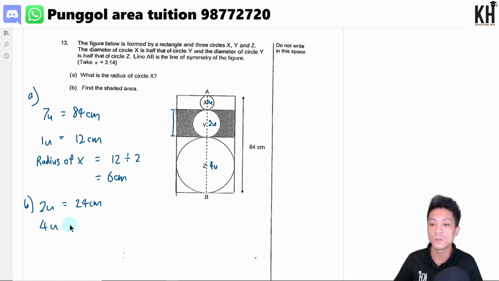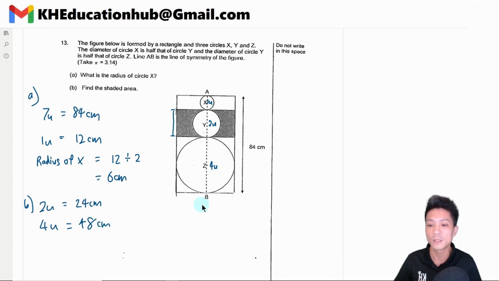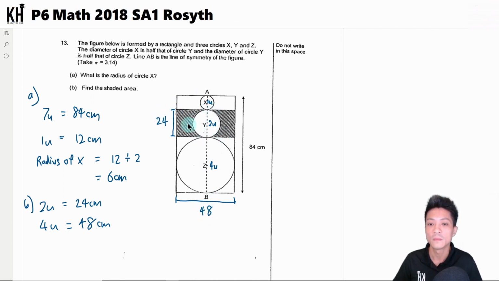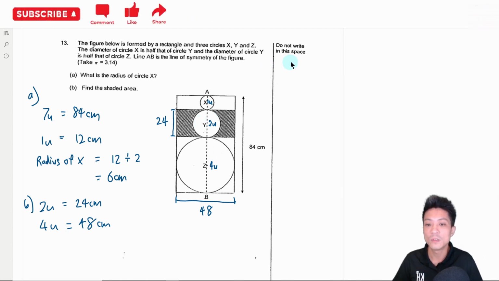I need what is 4 units also. 4 units is basically 48 centimeters. So here to here is 48. Here to here is 24. We know that the radius of Y is 12 cm.